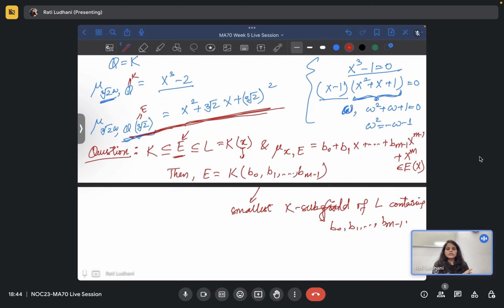So all the intermediate fields are coming from the minimal polynomial. This is the sense of this question. So there are no other intermediate fields.